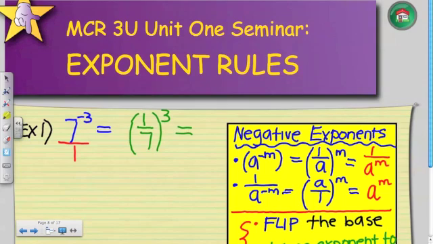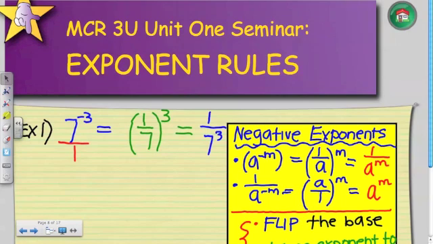And because 1 to the power of anything is still 1, this is going to become 1 over 7 to the power of positive 3, which you can then punch into your calculator to get the value of, which is equivalent to the formula that we have here.